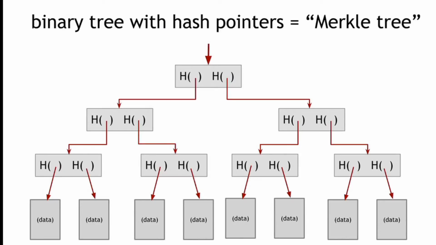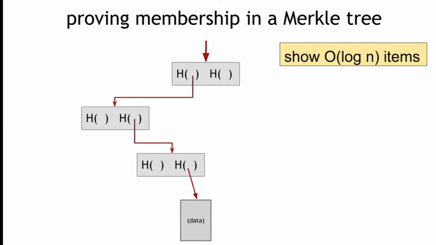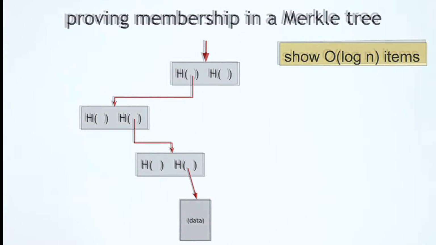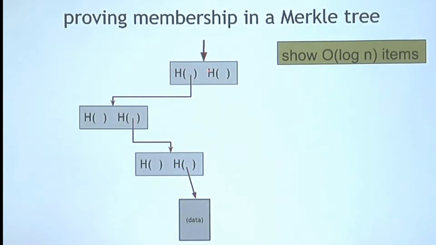Now, another nice feature about Merkle trees is that unlike the blockchain that we built before, if someone wants to prove to us that a particular data block is a member of this Merkle tree, all they need to show us is this amount of data. So if we remember just the root, and someone wants to convince us that this block is in the Merkle tree, they need to show us this block, and we can verify that the hash matches up. And then they need to show us this block, and we can verify that the hash of this matches that.